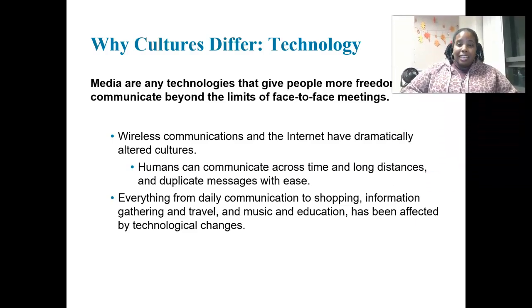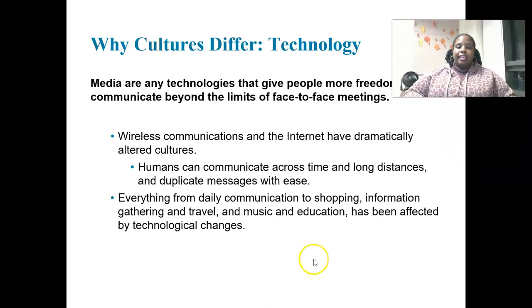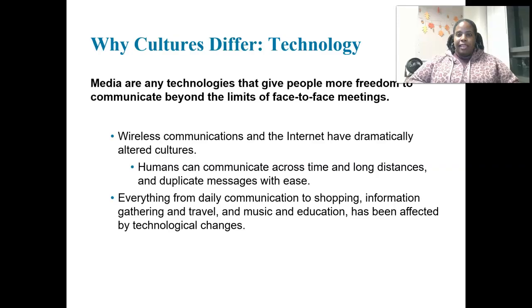All right. So, technology. Thinking about how technology impacts culture, being from America and an elder millennial, I have a unique experience having a childhood and teenage experience where we lived in a more analog society.